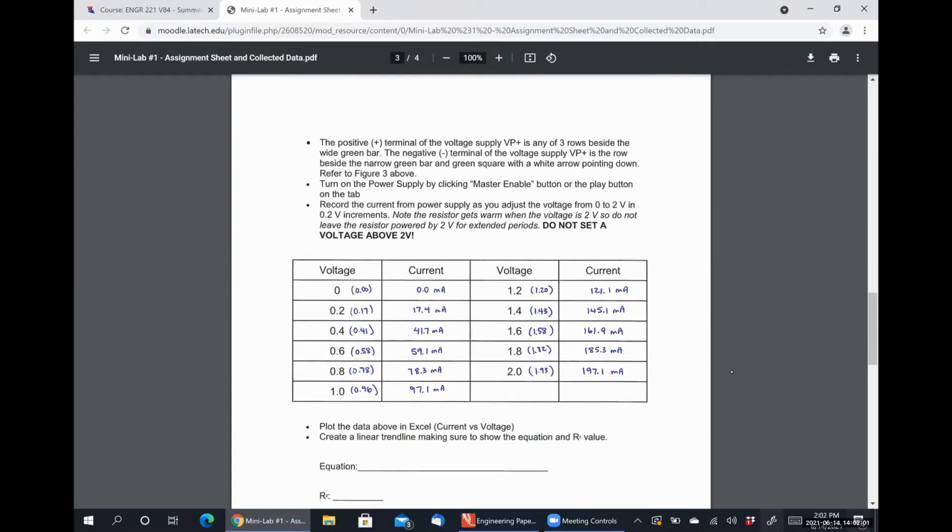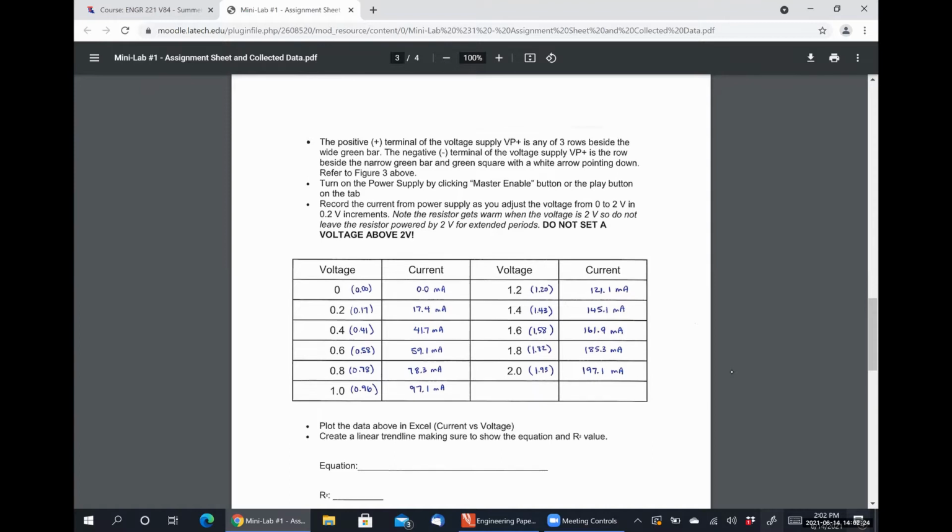And that is exactly what I did. The voltages written in blue in parentheses are the actual voltages I measured with a multimeter because it's hard to get fine detail on the voltage source that I was using. And then I measured the current in milliamps to go with each of those applied voltages.